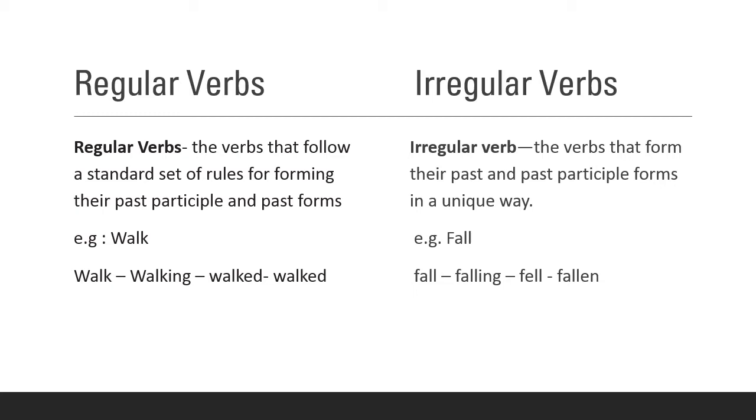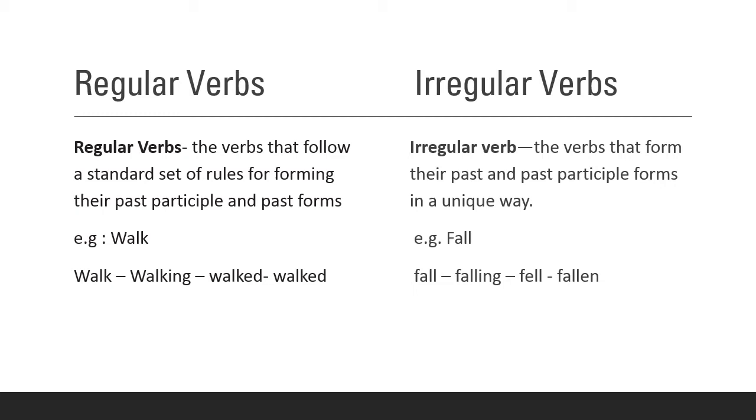Its past participle form is again formed by adding ed to the present form, so it's again walked. And then the present participle form is formed by adding ing to the present form, so it's walking.